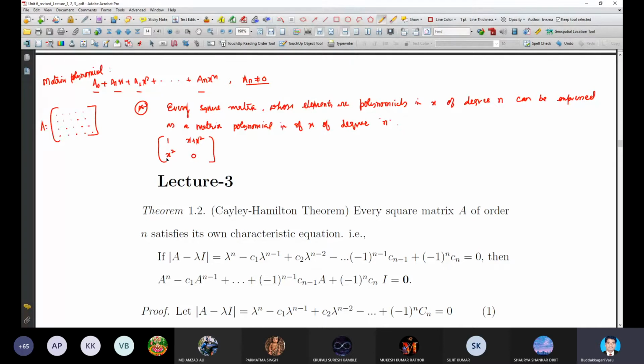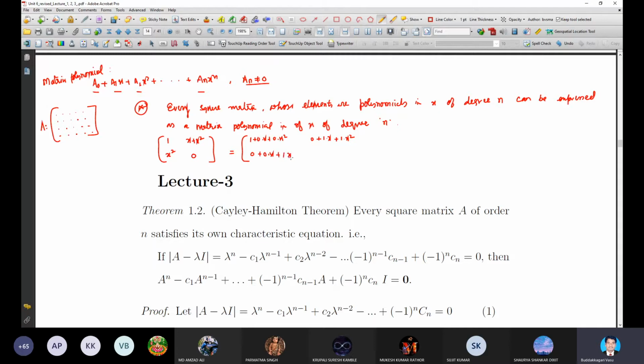One entry has degree 2, so we write all the elements accordingly: 1 plus 0 into x plus 0 into x square; 0 plus 1 into x plus 1 into x square; 0 plus 0 into x plus 1 into x square; and the last one 0 plus 0 into x plus 0 into x square.